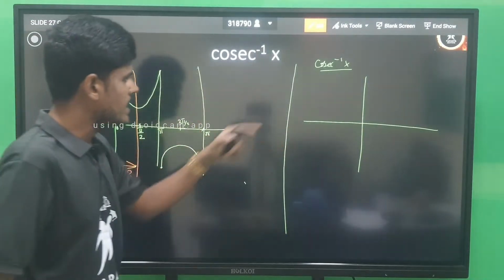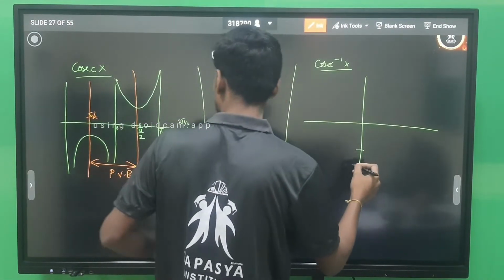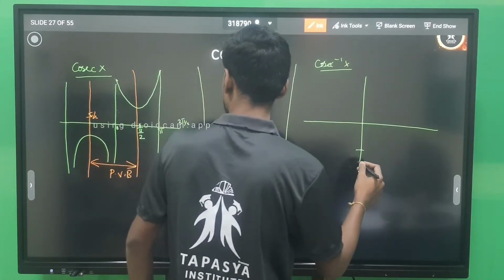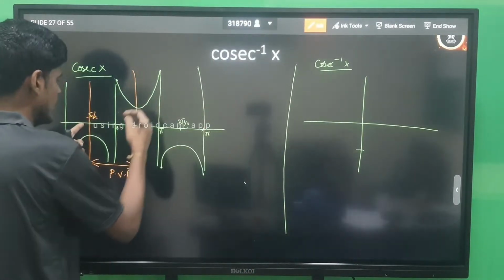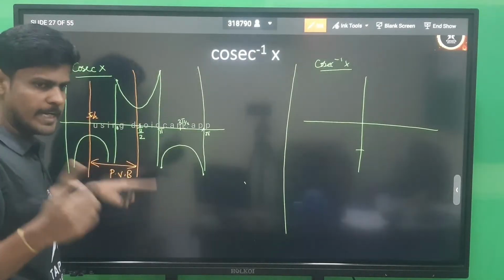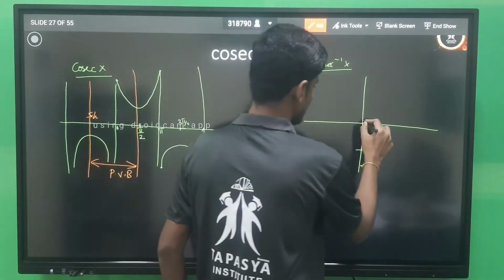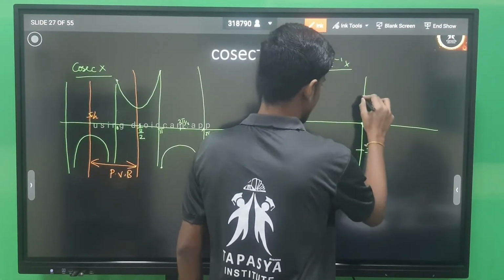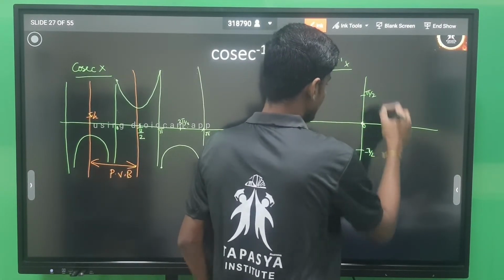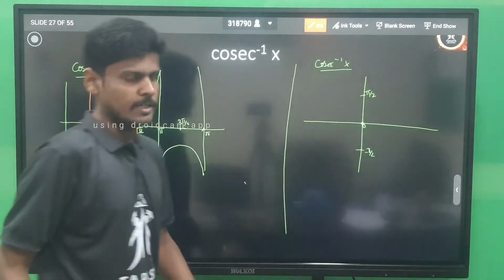That means here we consider minus pi by 2 to pi by 2, and this is the domain we have chosen. N pi has 0, so we eliminate 0 from this. So this is minus pi by 2 to pi by 2, excluding 0. This is the range of the inverse function.